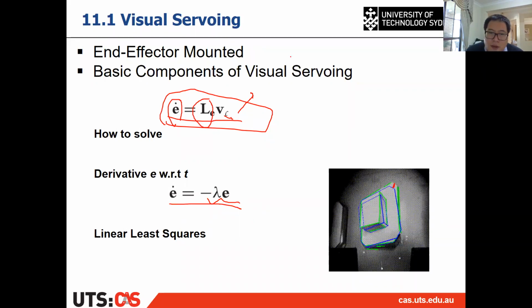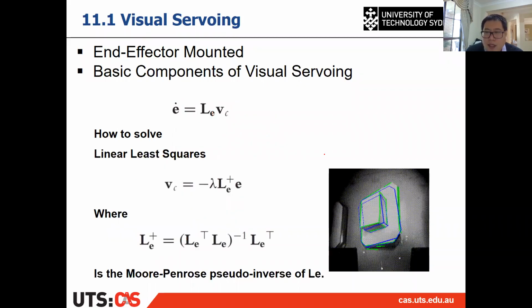So if we can calculate E, then we can calculate E dot. And after you calculate the error E, we can calculate the velocity of the camera by minus lambda times the pseudo inverse of L_E times E. Suppose we know E, we know lambda already.